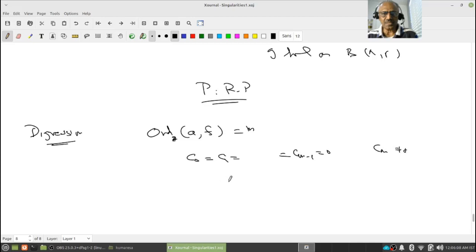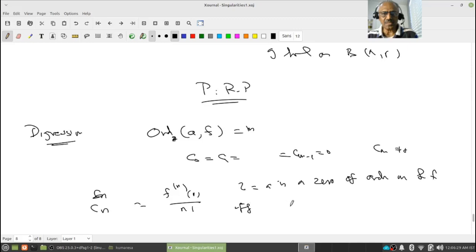But remember, there is an intimate relation between c_n and the nth derivative of f, this is like n factorial. Therefore it means z equal to a is a zero of order m for f if and only if the kth derivative of f at a is 0 for 0 less than or equal to k less than m, and the mth derivative of f at a is not 0.